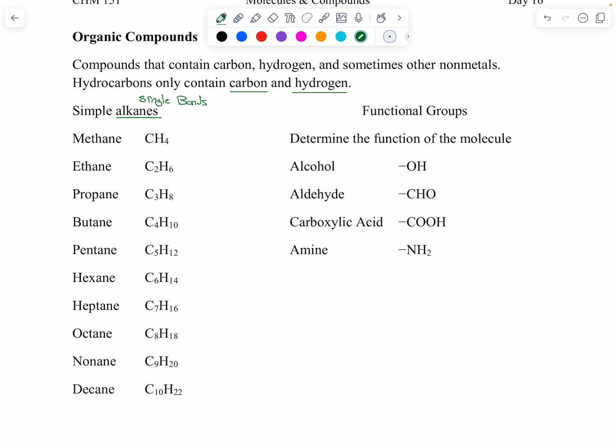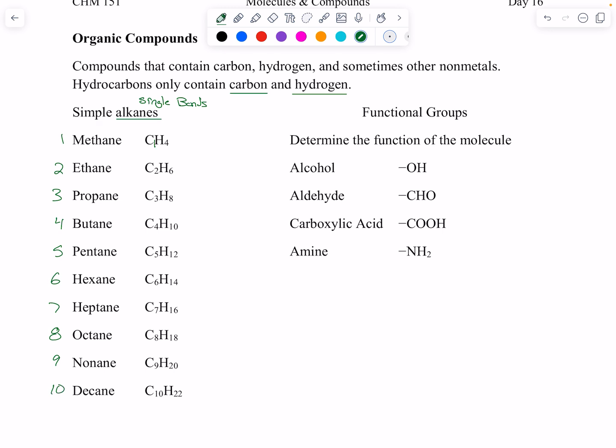Again, this is not a big part of the class, but not meth, the drug, but metha is 1. Etha is 2. Propa is 3. Buta is 4. Penta is 5. You can probably see the pattern here. And so you see it's the number of carbons.